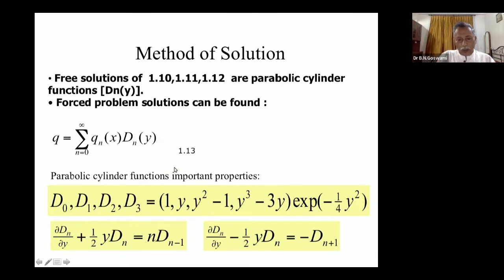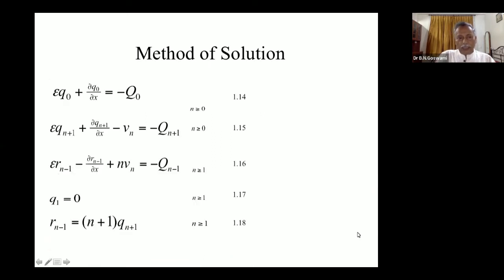So something like this, and these are of course what you call the relationship between them of the orthogonal functions. So then we put them back into the equations and then find out the coefficients of different eigenfunctions, and then the coefficient function equation becomes the partial differential.